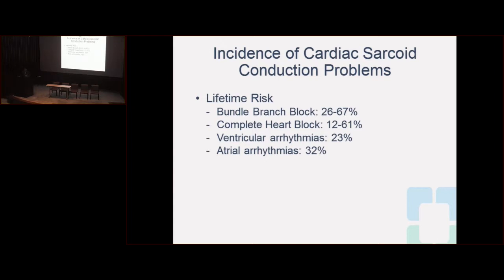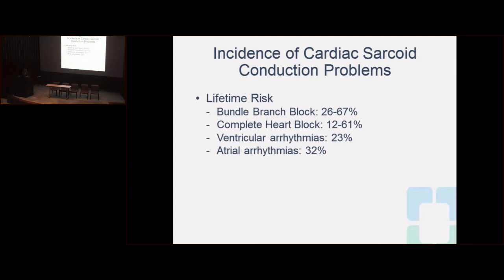So what is the likelihood of somebody, what's the incidence of somebody with sarcoid having these conduction problems? It's really hard to put a number on it. If you take patients that have clinically manifest cardiac sarcoid, about 26 to 67%, I understand that's a broad range, will have some left bundle branch block. Complete heart block can be seen anywhere from 12 to 61%.